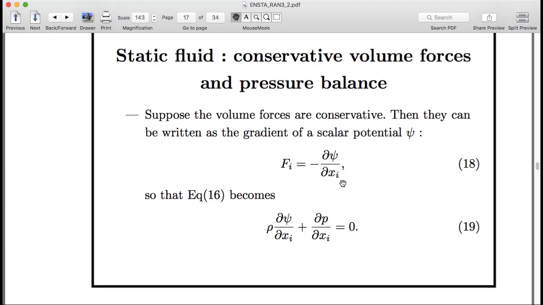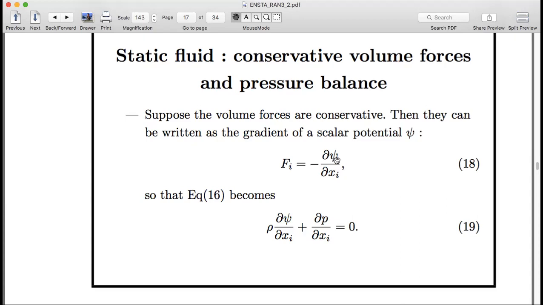In fact, previously when we said that gravity was about 9.8 newtons per kilogram near the surface of the Earth, we're effectively saying that the potential function psi here is just 9.8 times z, z being the coordinate. Because then when I take d by dx of that, I get 0.